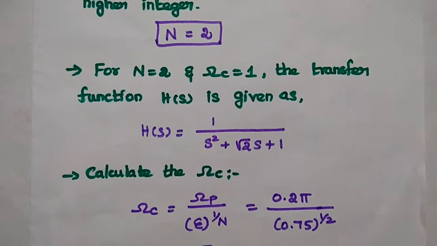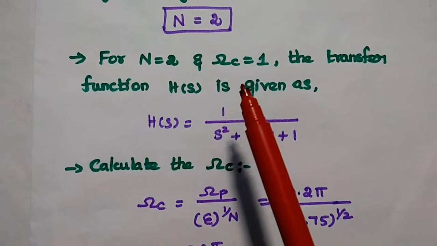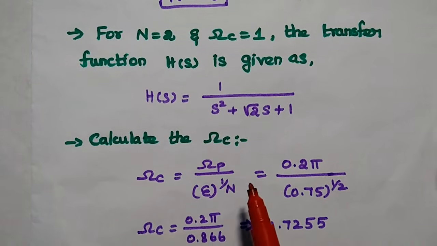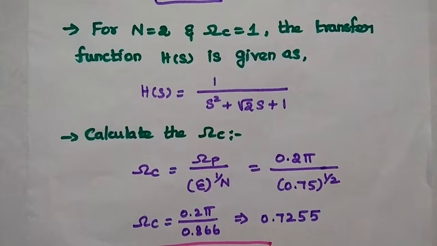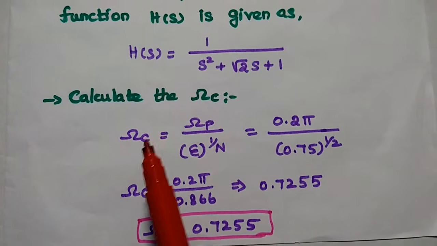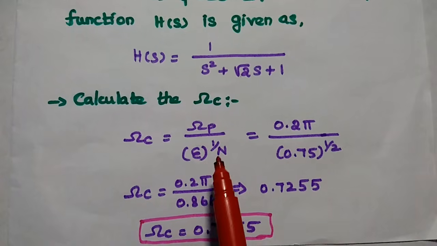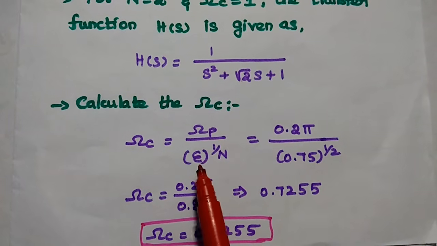Next, we are going to calculate the cutoff frequency. Here we have simply assumed that value as 1. But in the next step, we are going to find out the actual cutoff frequency for the given filter. For that, we can use the formula omega c is equal to omega p divided by epsilon the whole power 1 by n. Here we know the values of omega p, epsilon and n.